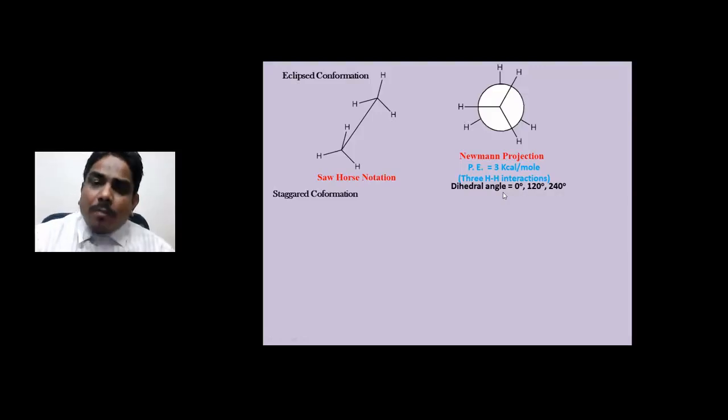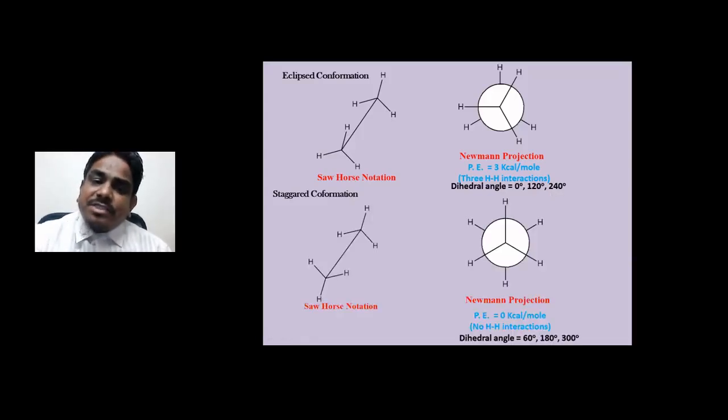The energy of one hydrogen interaction is about 1 kilocalorie per mole, so for 3 hydrogen interactions, it becomes 3 kilocalories per mole. The potential energy of the eclipsing conformation of ethane is 3 kilocalories per mole. This eclipsing conformation is observed at 0 degrees, 120 degrees, and 240 degrees.